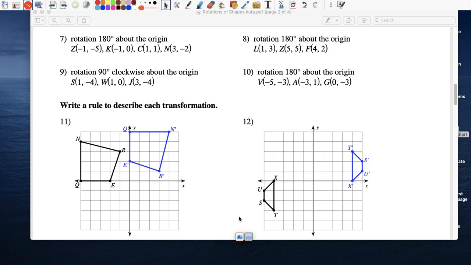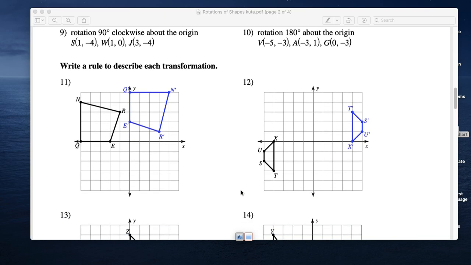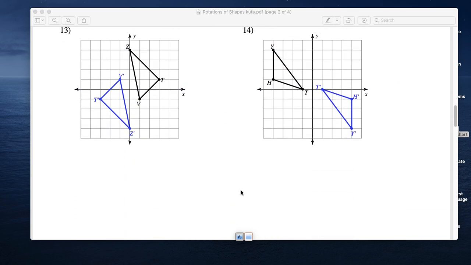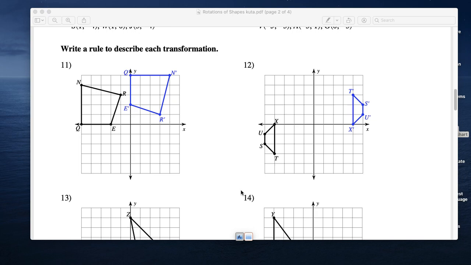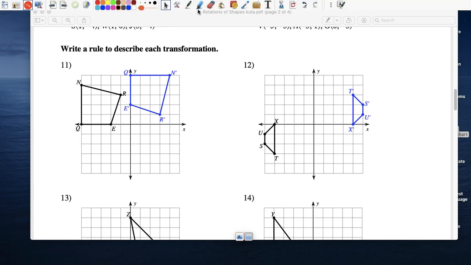In 11, they're just asking you what has been done. First of all, pick a point. Focus on one point. Let's focus on this guy, N and N prime. So what happened? Well, first of all, it rotated this way, right? Because this is the original, and this is the rotated image. So first of all, it went clockwise.